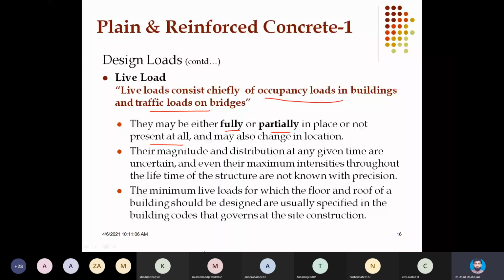So it can change the location, and there may be 100% students, there may be 50% presence. So fully or partially presence on the slab is quite possible, and accordingly live load may be 100% or 50% or 30%.